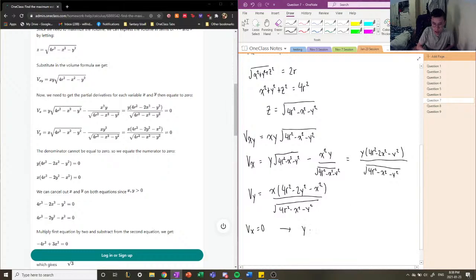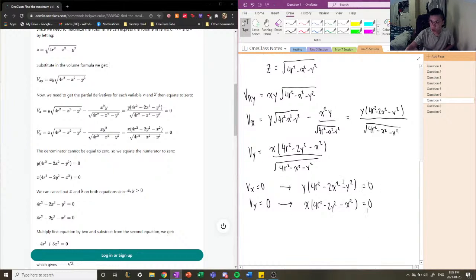So we're going to examine y times 4r squared minus 2x squared minus y squared equal to 0. And the same thing for partial v of y: we're going to examine just the numerator, which is x times 4r squared minus 2y squared minus x squared equal to 0.